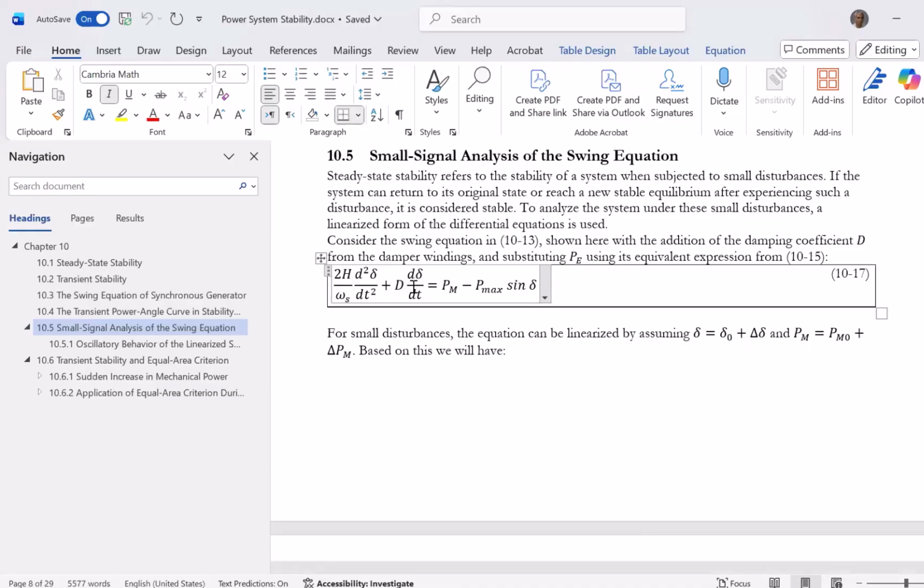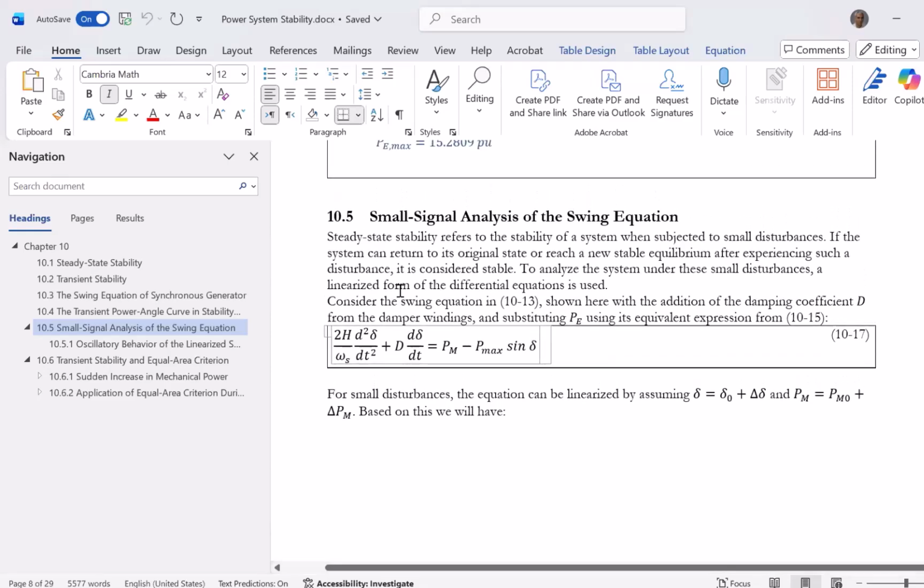When there is a disturbance and we start accelerating or decelerating, this D factor, if it is positive, can result in more stability in the system and gives a more realistic view of the system. So what I did is that I used that original equation. Instead of the PE, I put it as equivalent, and I added this damping factor.